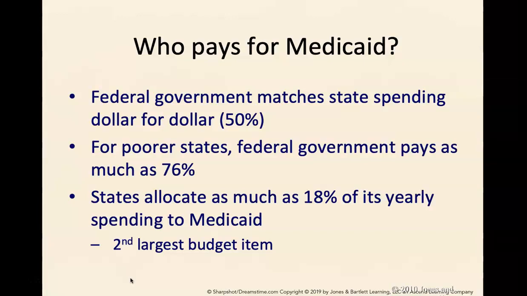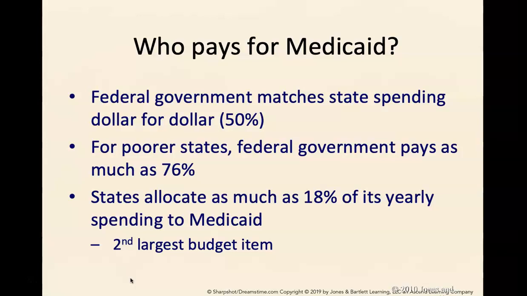So it's 50-50. However, there are states that cannot afford the 50-50 arrangement. So some poorer states actually just put in a share of 24 cents to a dollar, sometimes 25 cents to a dollar, with 75% being covered by the federal government.